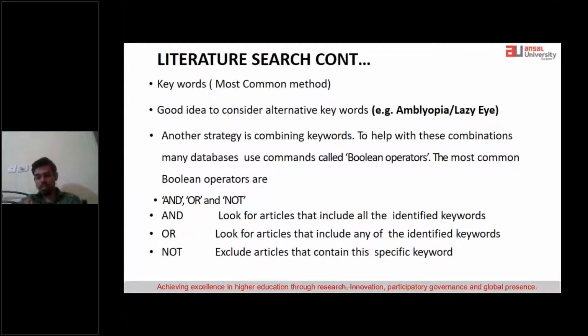I hope all of you are clear with how you can use the AND, OR, NOT Boolean operators. This is very, very important and it makes your literature search very easy. Initially people don't know, and say, I'm not able to find any relevant articles. The reason is that we just put some random words. So you should go about the keywords first of all and also use these Boolean operators, AND, OR, NOT. If you use them, it will be easier. And also you can do cross referencing. As I said, cross referencing also gets you a lot of relevant articles.